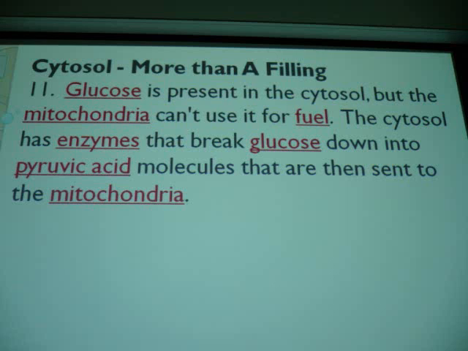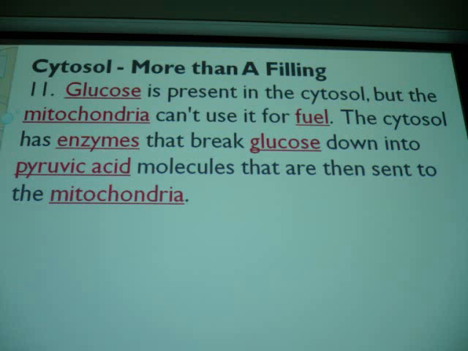Now that you have the 2 3-carbon pyruvates, those can then go into the mitochondria, and then the second phase, the respiration, takes over. That's called the Krebs cycle. But don't write it down. That's another whole class and a half.